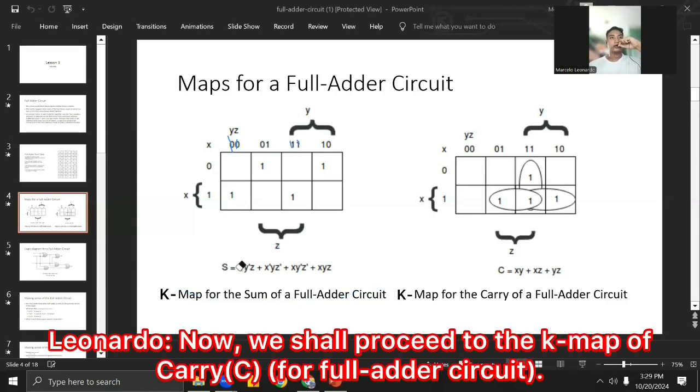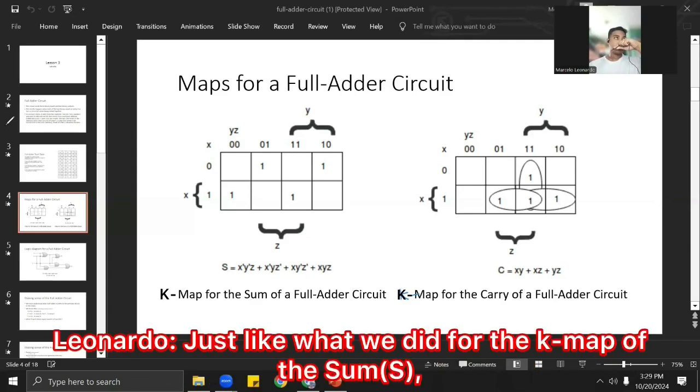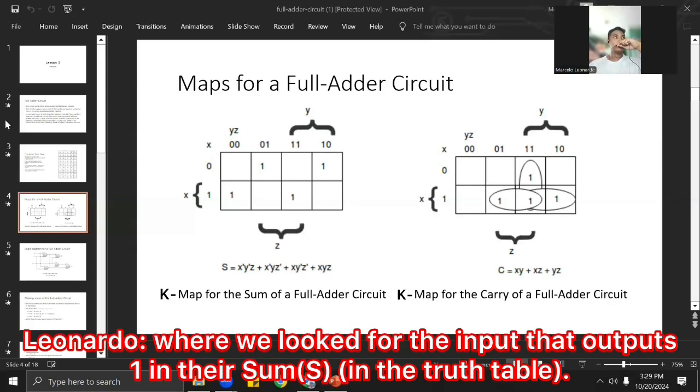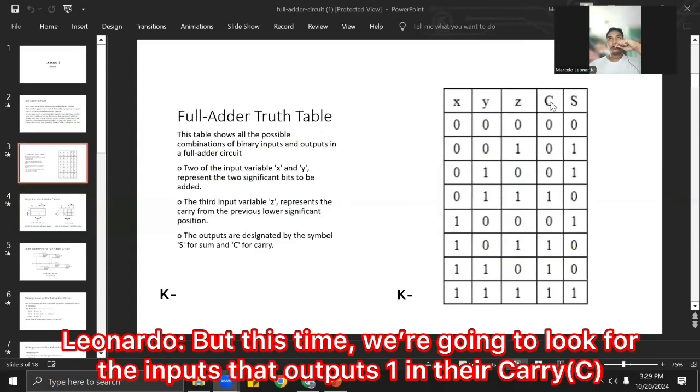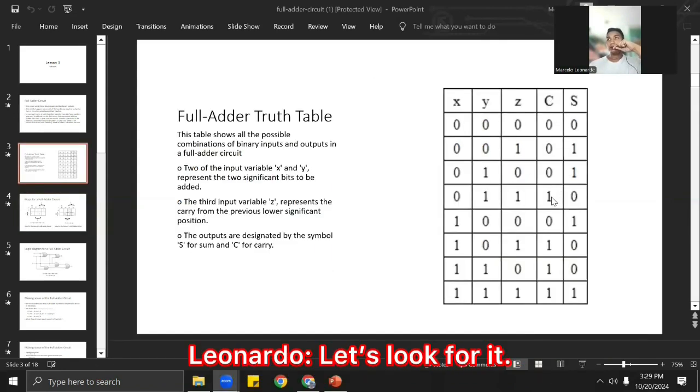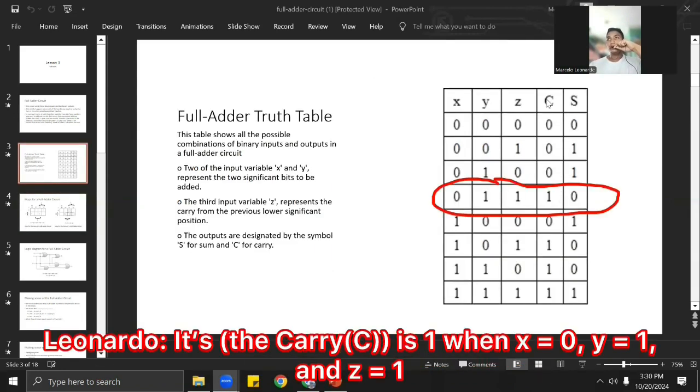Now, we should proceed. So, K-map naman ng carry. Gaya ng ginawa natin sa sum, hinanap muna natin sa table yung may 1 sa sum. Pero dito sa carry, mag-base naman tayo sa carry. So, tingnan natin. 1 siya. X equal to 0, yz is equal to 1.